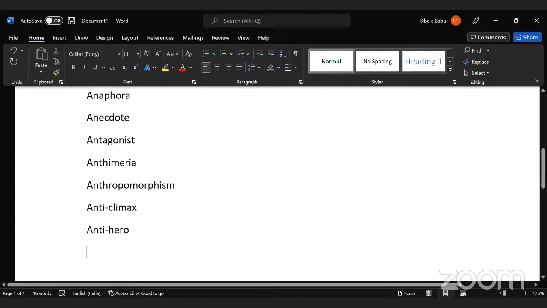An anti-hero is a person who lacks positive qualities. See, a hero is a person who has a lot of positive qualities. That person will have courage, fortitude, physical prowess. So he will basically be a protagonist. So an anti-hero is a person who lacks all positive qualities.